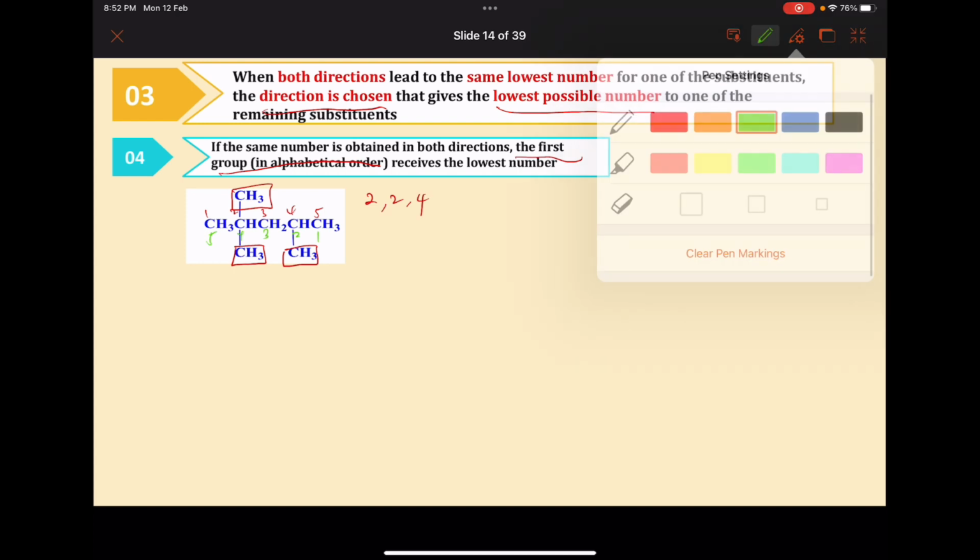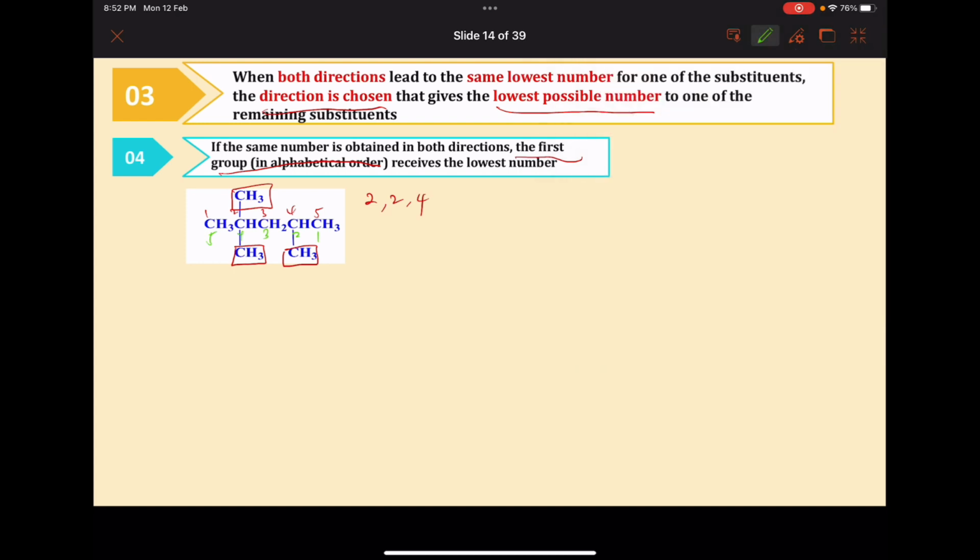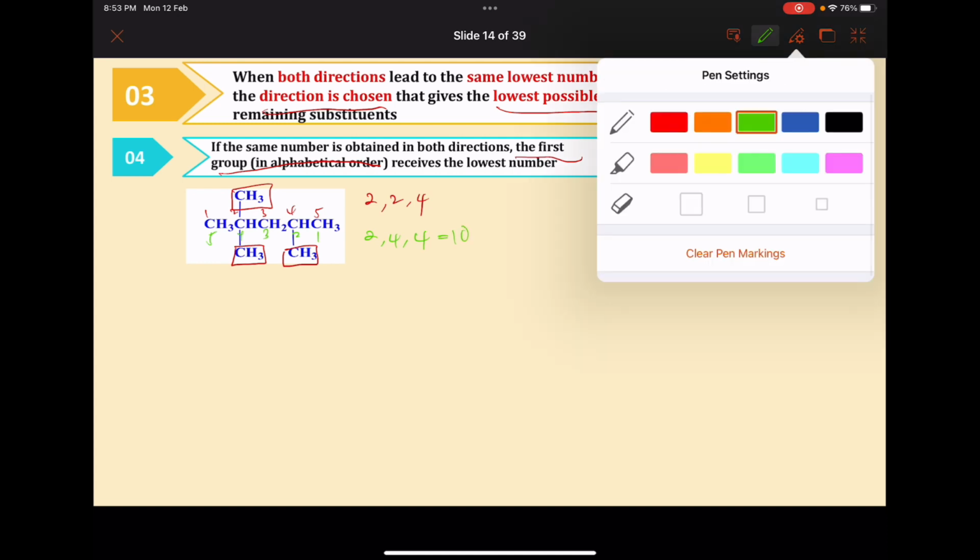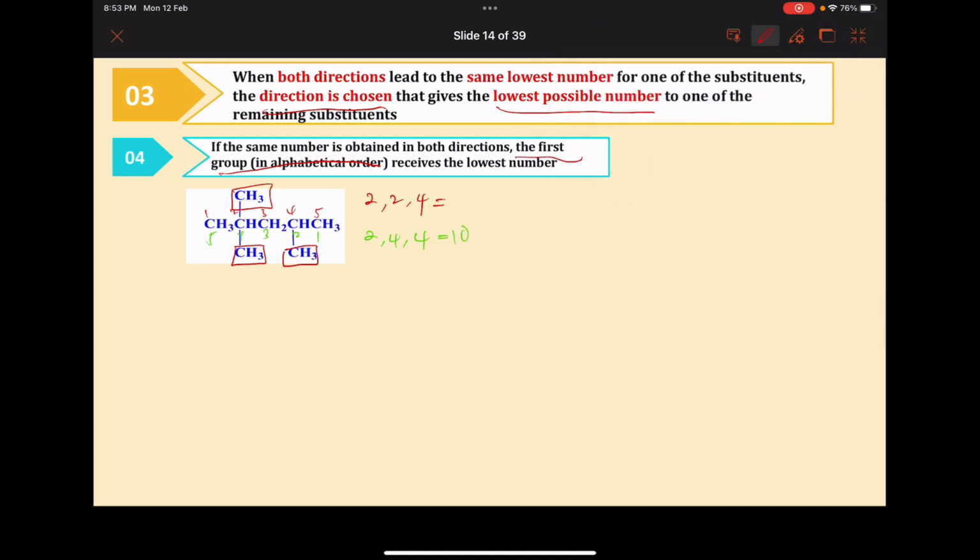Meanwhile, if we use the green route, the substituents are attached at the second carbon and the fourth carbon, 4. So the total number for the green route is 10, meanwhile the red route is 8. So we need to use the lowest possible number of substituents. So then we use the red route.